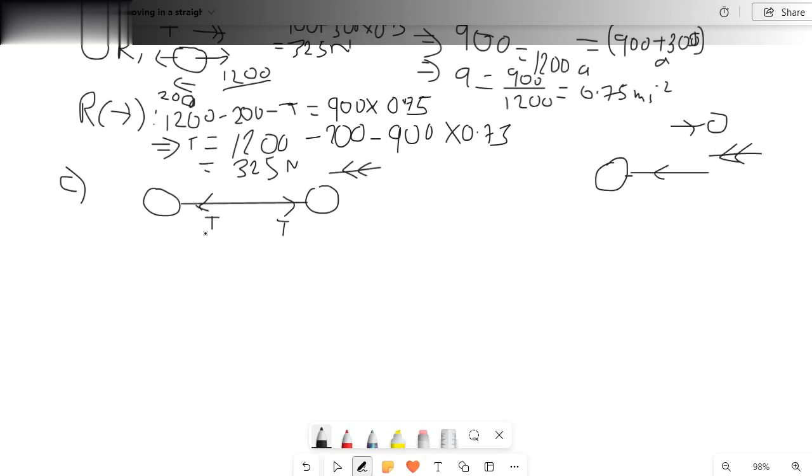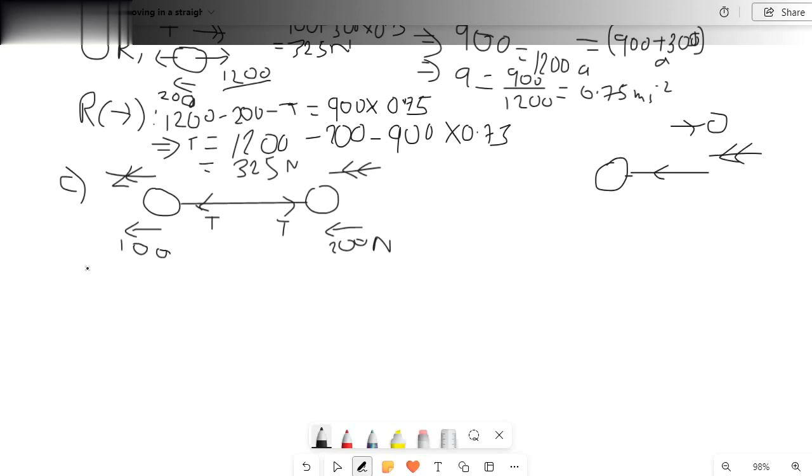So if this is 100 and this is 200 newtons, we have to find out the acceleration to the left.